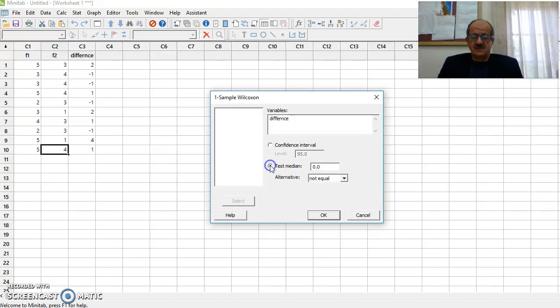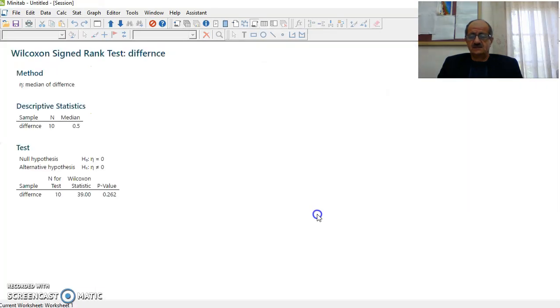We can test the median, that the two medians are not equal. Okay. Here is the test now, the hypothesis that there is no difference between the two medians, or the difference is 0, versus non-equality of the two medians. The statistics indicated a high p-value, more than 0.05, so therefore there is no significant difference between the two groups.